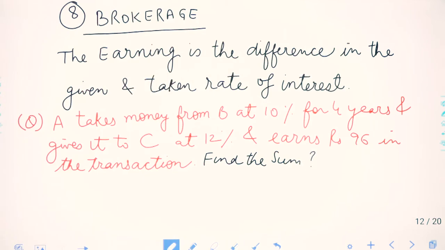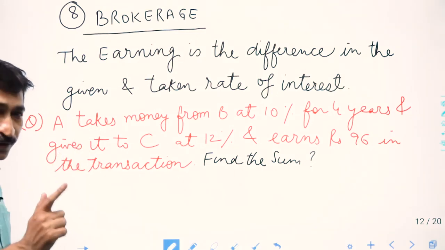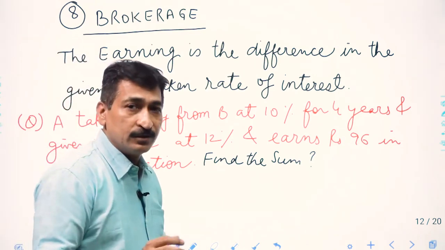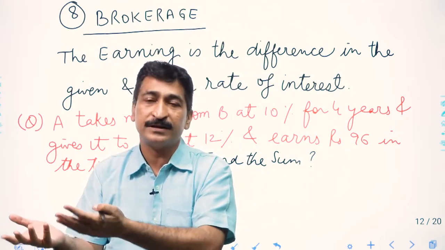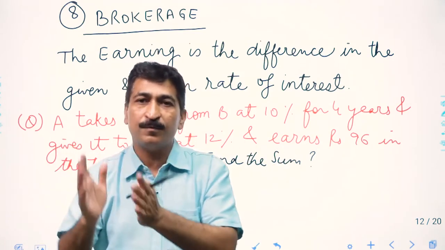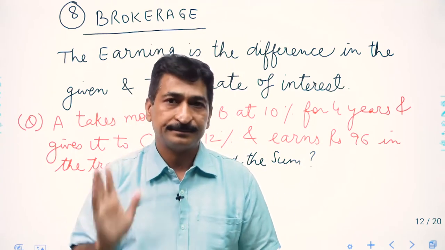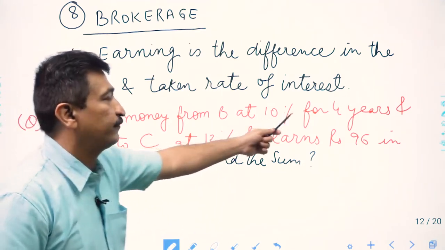Now, first of all, A takes money from B at 10% for 4 years and gives it to C at 12%. Taking at 10, giving at 12, 2% is the difference in rate, that is his earning every year. So 2% every year, and this earning is for 4 years.